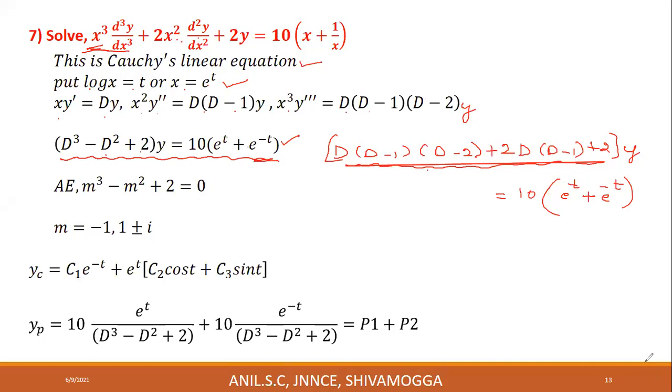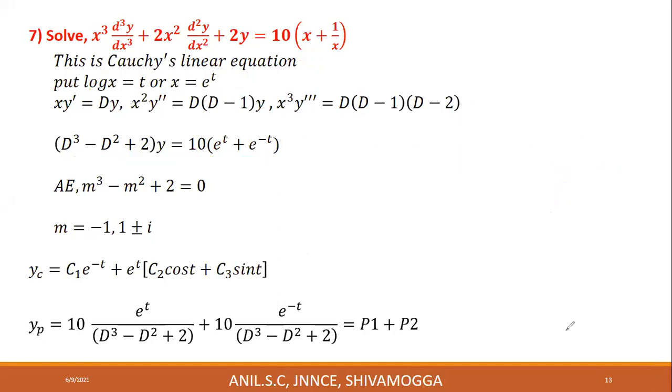Got it? Yes, sir. (D cube minus D square plus 2) y is equal to 10 into (e power t plus e power minus t). Now this is a linear differential equation with constant coefficients. We can easily solve this.